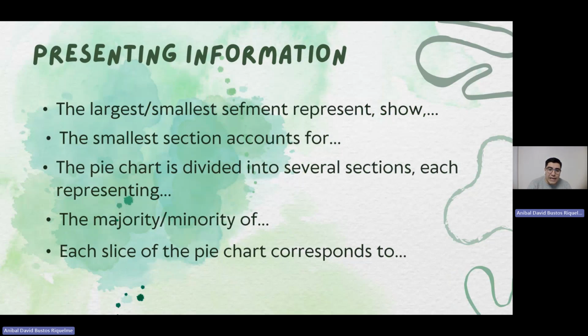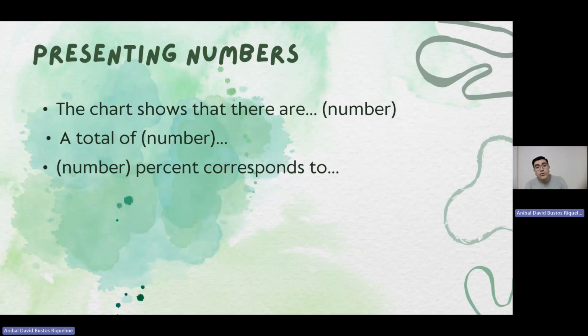We can say here also, each slice of the pie chart corresponds to, cada fragmento del pie chart corresponde a, and we know it corresponds to government types. See, easy, super easy.